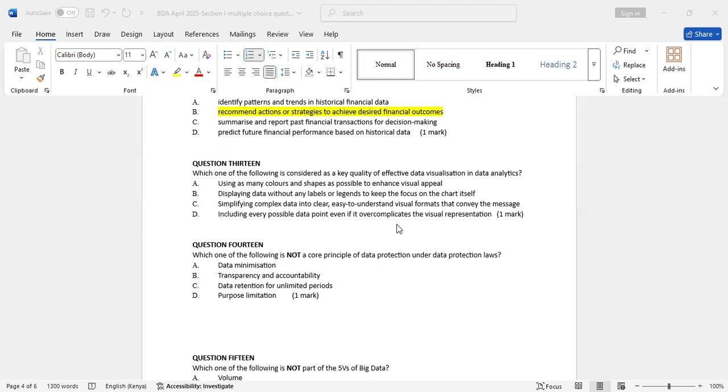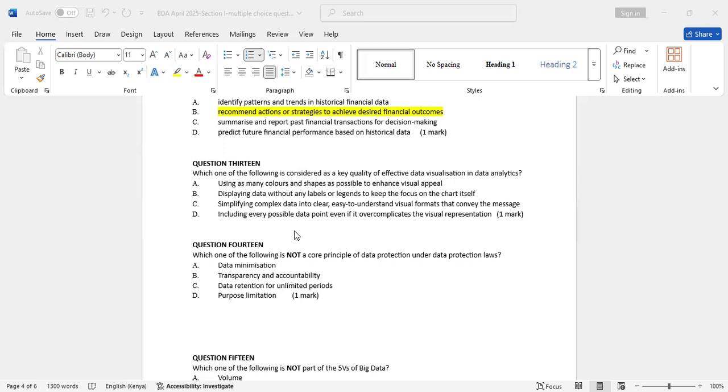No. C, simplifying complex data into clear, easy to understand visual formats that convey the message. Then let me read D, including every possible data point, even if it overcomplicates the visual representation. No, I disagree. So the correct answer here is to simplify complex data.